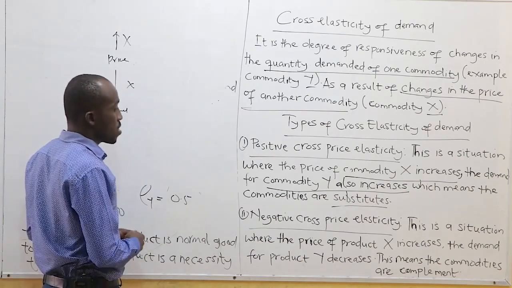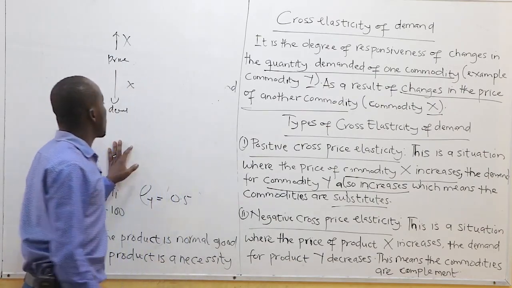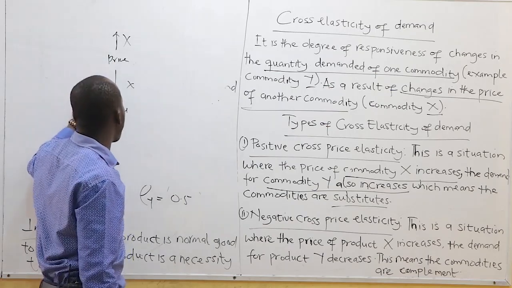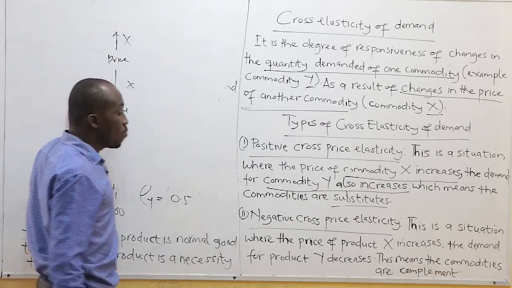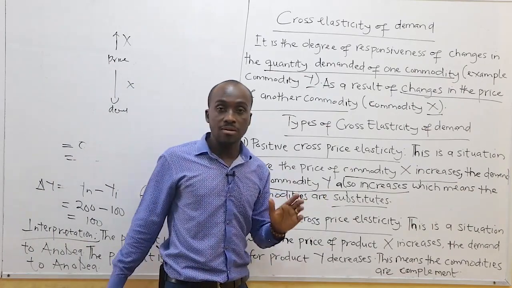Okay? So if the goods behave that way, they are what? If the price of commodity X goes up, demand will fall. If demand falls, they will go and buy commodity Y, assuming they are the only two on the market.